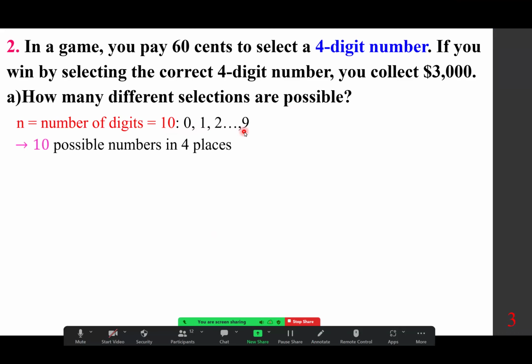So we have 10 possible numbers in 4 spots. We have 4 places, and each one has 10 possibilities. Therefore, the answer is 10 to the power of 4, or 10,000. Numbers can repeat. There is no limit. There are no restrictions.